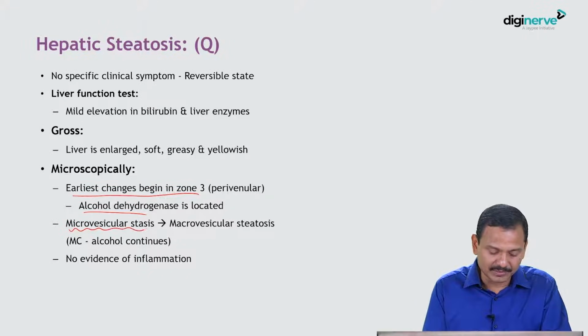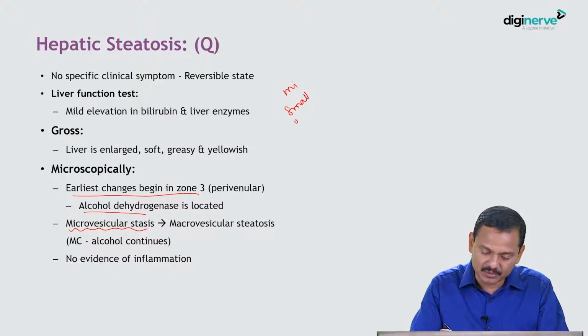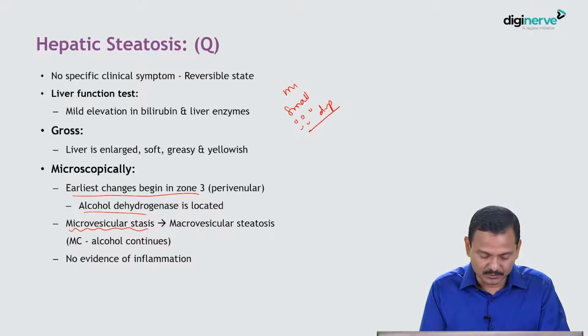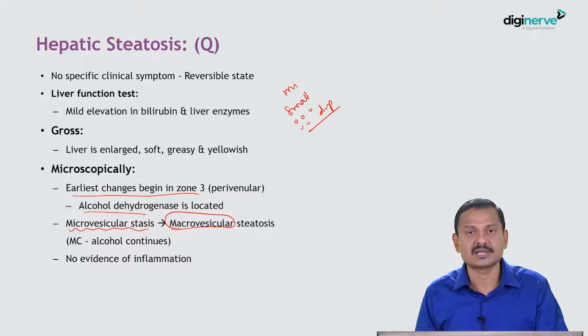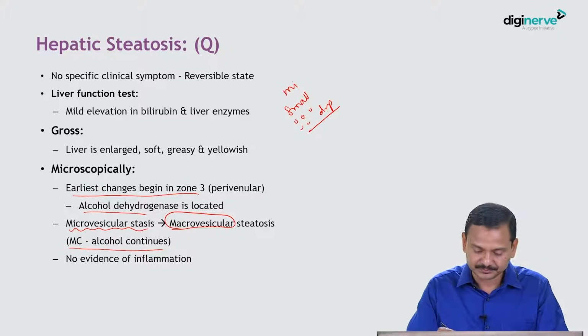Then there will be microvesicular steatosis. Now microvesicular means small vesicles, small droplets, and that can progress to macrovesicular steatosis if the person continues to take alcohol.